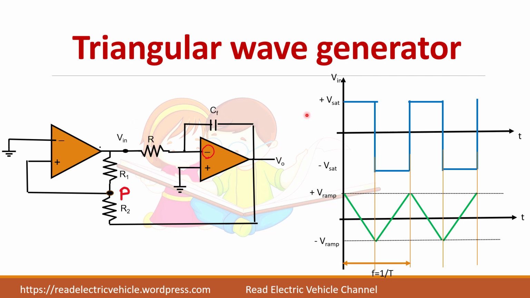So here we assume that initially it is plus Vsat, but the other end of this voltage divider is connected to V0. It means that it is connected to the ramp value. This ramp is continuously changing from plus V ramp to minus V ramp. So the potential at this point also will change. At one point, this Vp becomes 0 or slightly below 0. At that time, the output changes from plus Vsat to minus Vsat.